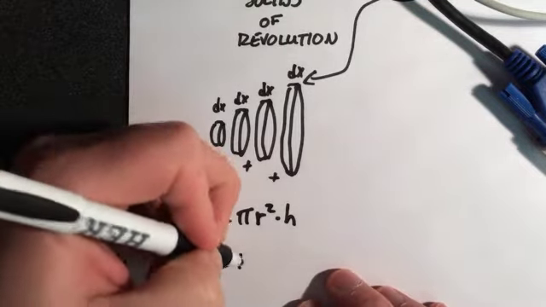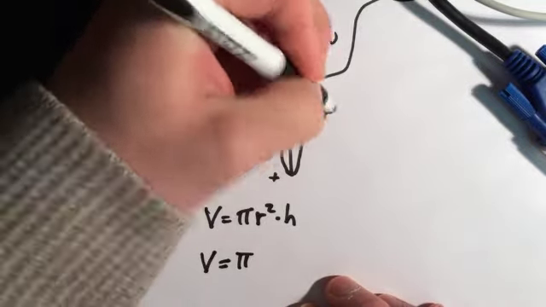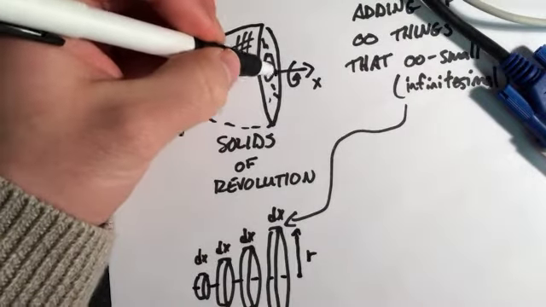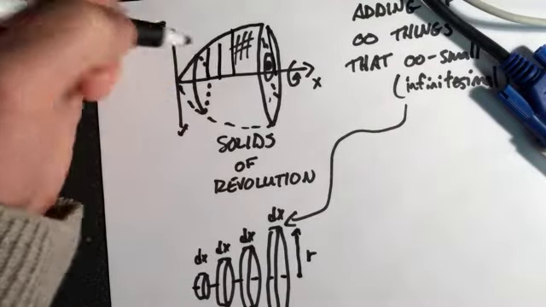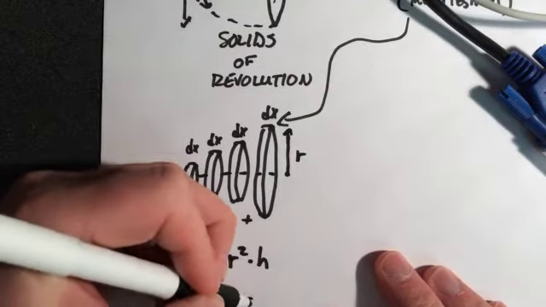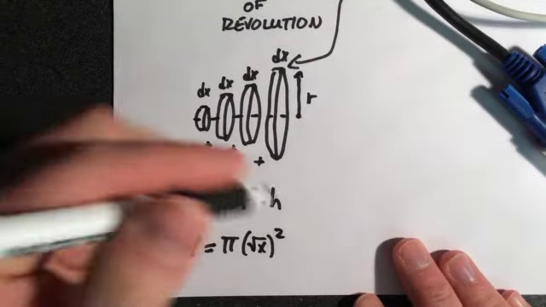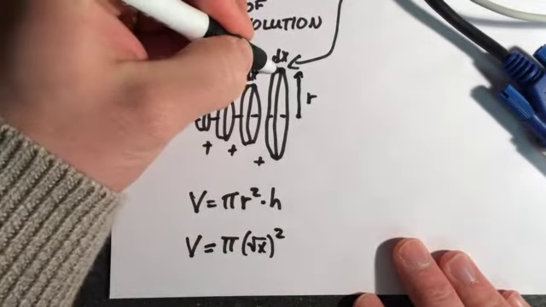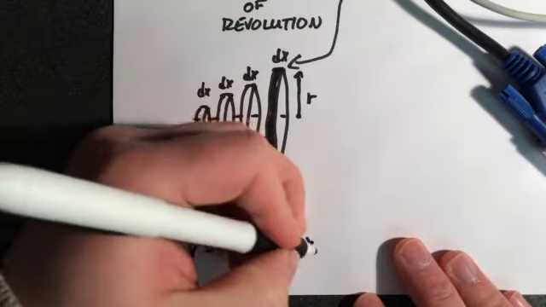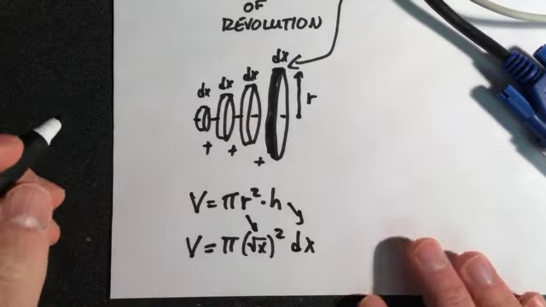The radius of each disk is given by the height from the center up to the top, which is the y-axis, or in this case, the root x axis. So this will be root x squared. And h is the thickness of the ham, and that thickness is what we call dx. So we've converted all of these pieces into things that make sense in calculus.